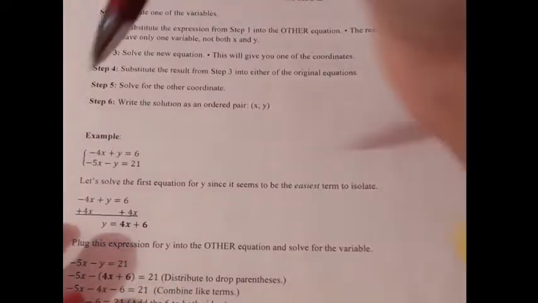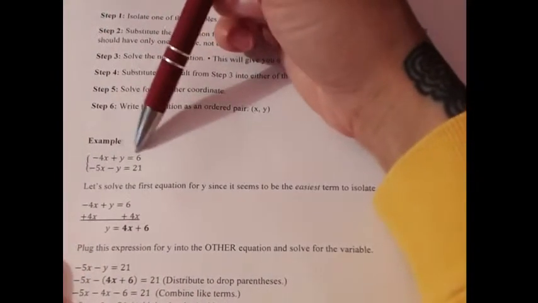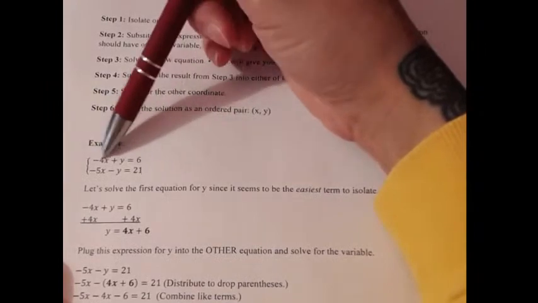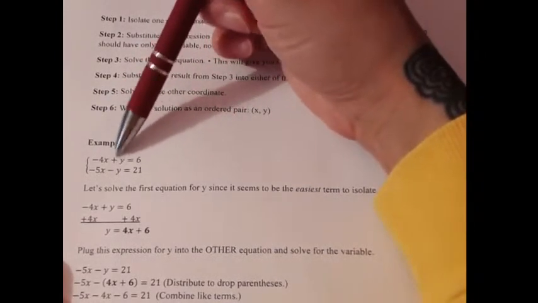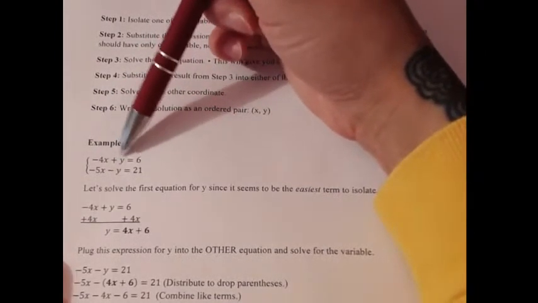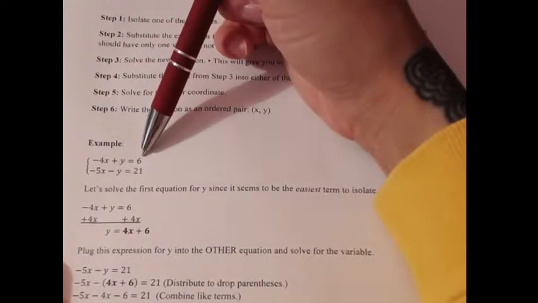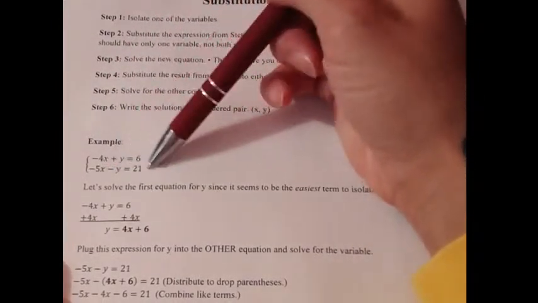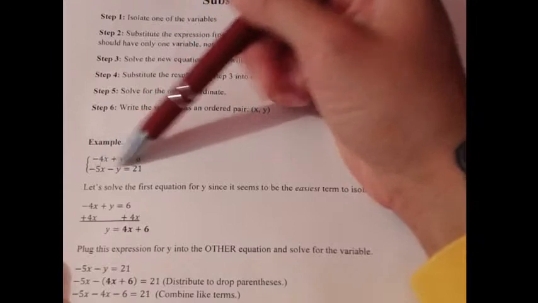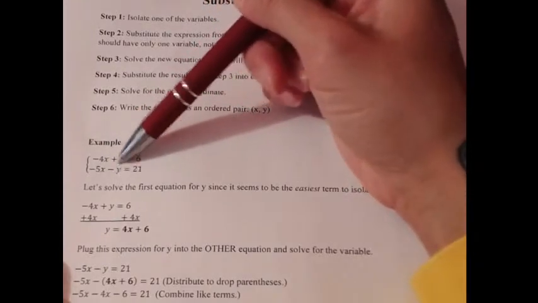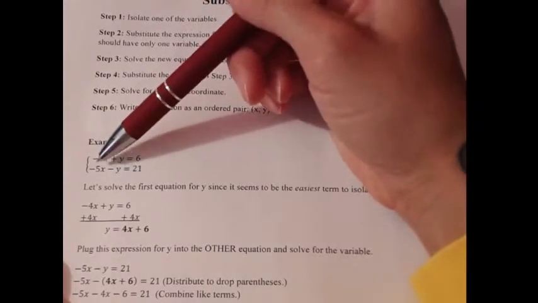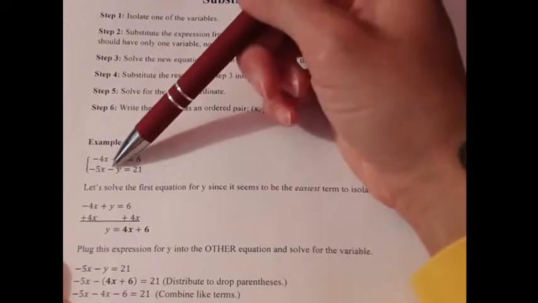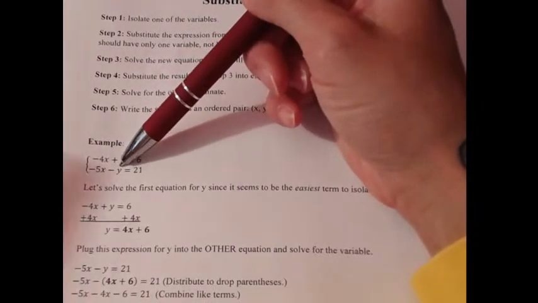Now, if you look at the first equation, notice that it would be very easy to get y by itself. All we would have to do is add the 4x, right? If I took a look at the second equation, it would be fairly easy to get y by itself again, because I'd have to move the 5x and then I'd have to divide by a negative 1, right?